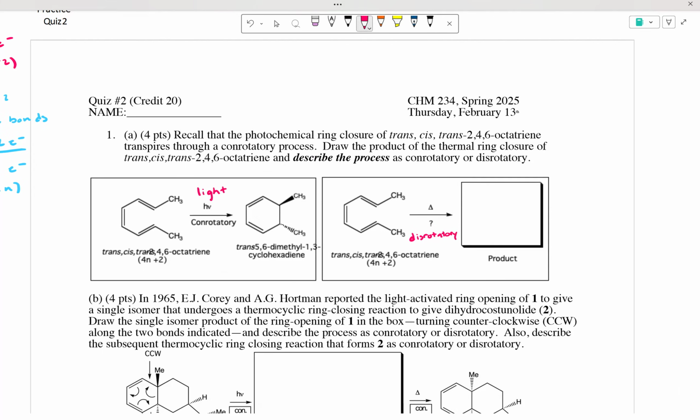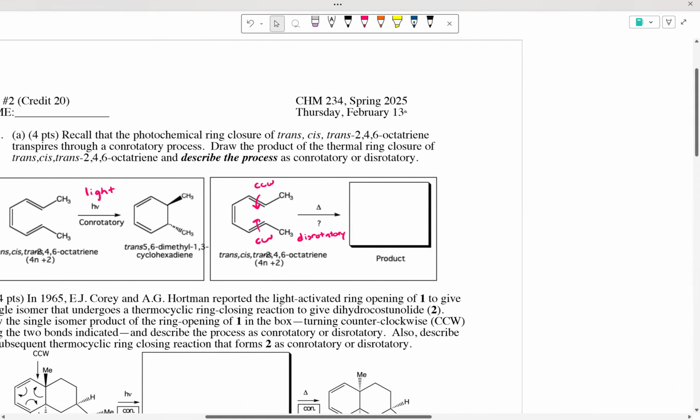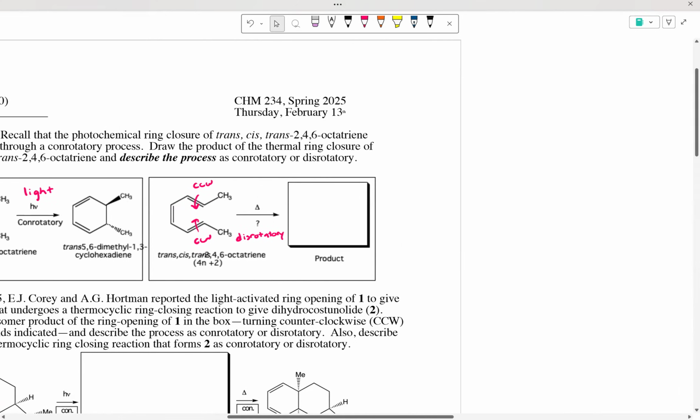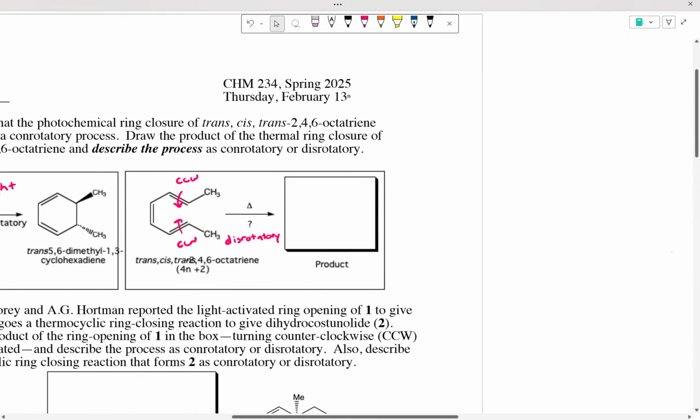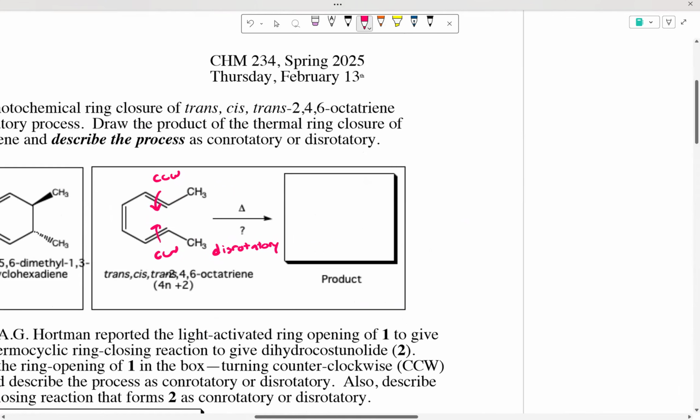Disrotatory means that the bonds are going to rotate in opposite directions. So one bond can rotate counterclockwise and one bond can rotate clockwise. This means that we're just going to draw our cyclohexene because this is a ring closing.